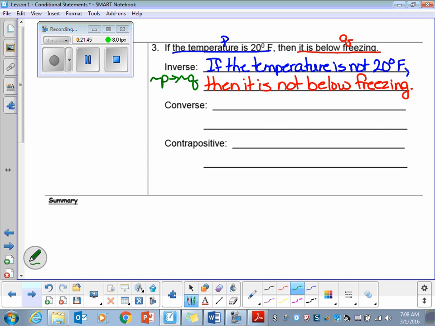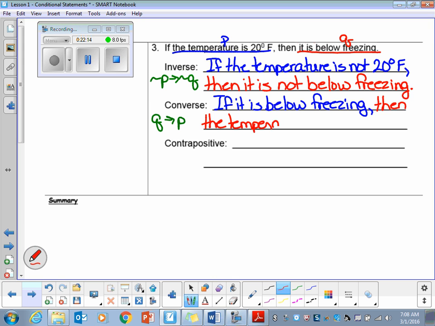The converse switches. So if Q, then P. If it is below freezing, then the temperature is 20 degrees Fahrenheit. The contrapositive both switches and negates.